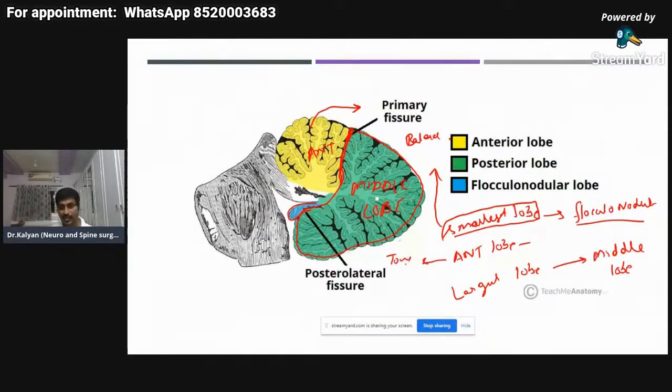The largest lobe, the highly developed lobe present in human beings and not in primitive organisms, is the middle lobe. This is known as the neocerebellum, and its function is coordination of fine motor movements.